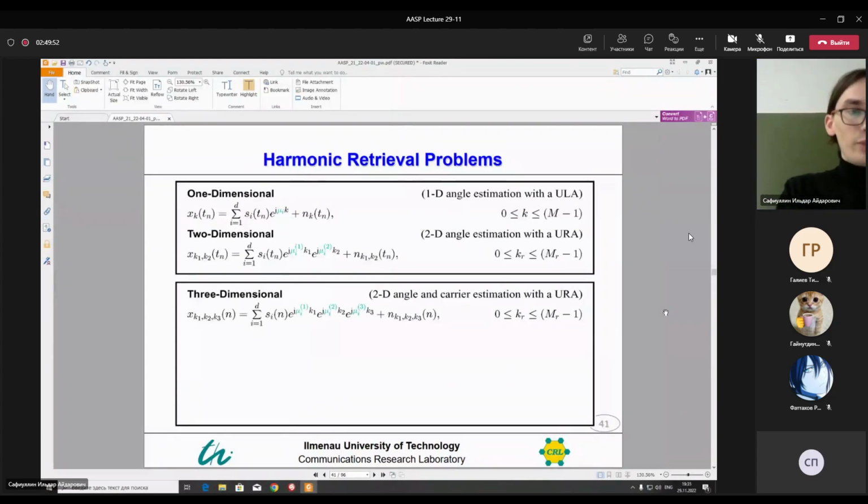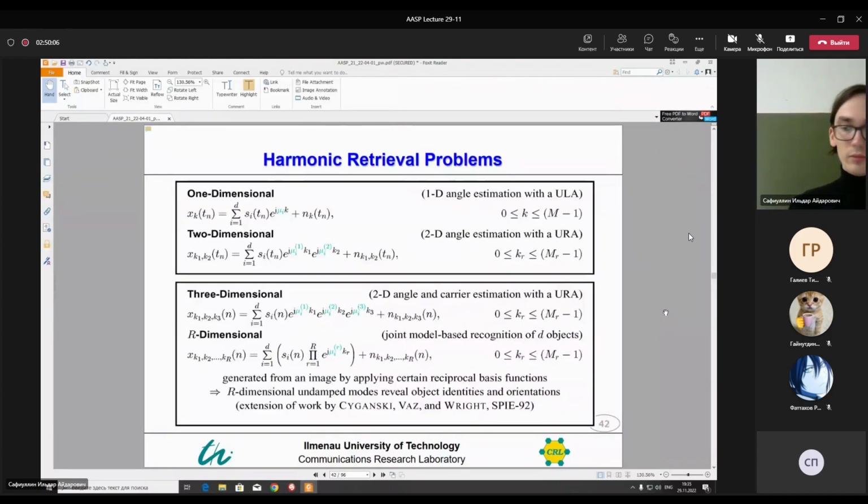And then if we extend it to the three-dimensional harmonic retrieval problem, we need to show all these three values. And of course, if we imagine 3D or RD, where R is greater than 3, so it is 4, 5, and so on, we need to represent our sources as S multiplied with all these e to the power of mu sub i over R, and sum it up with the noise.